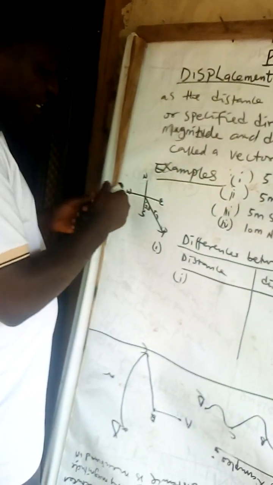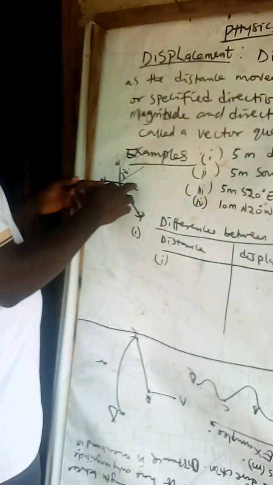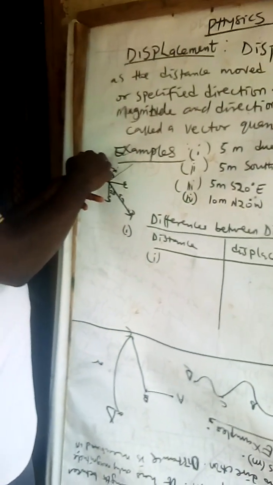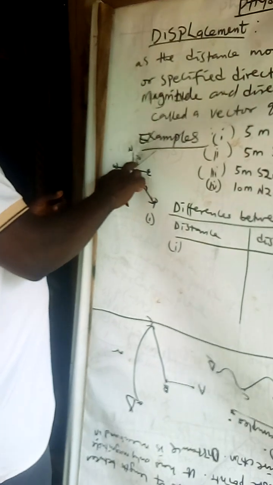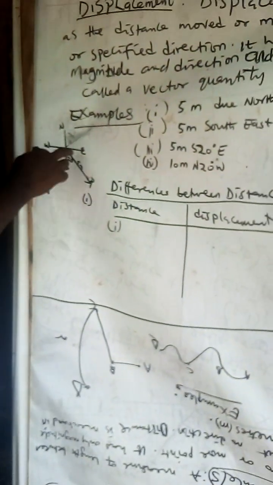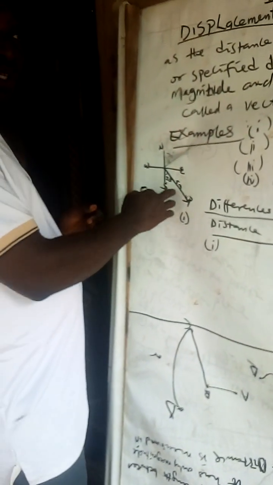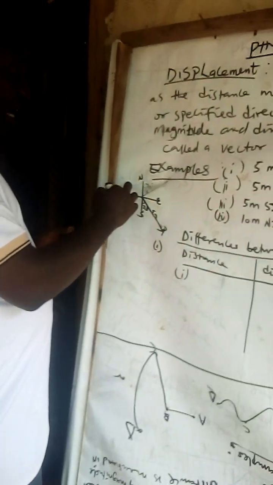If I come here and put 20 degrees here, you will now say 20 degrees east of north. But now that I am representing what is on number 3, 5 meters 20 degrees east of south should be on this quadrant. Remember there are 4.